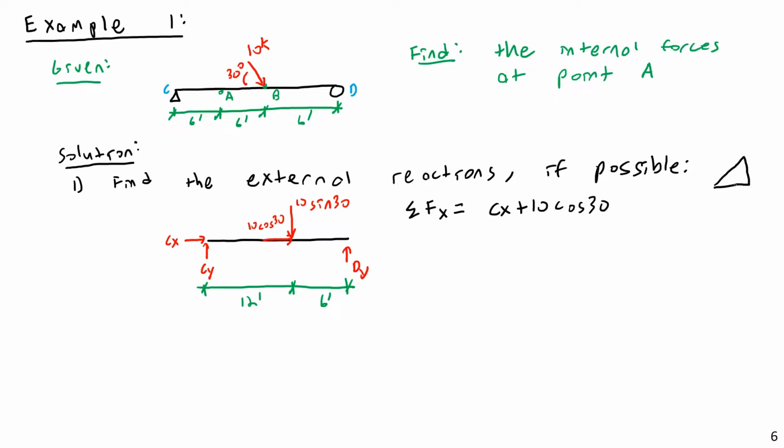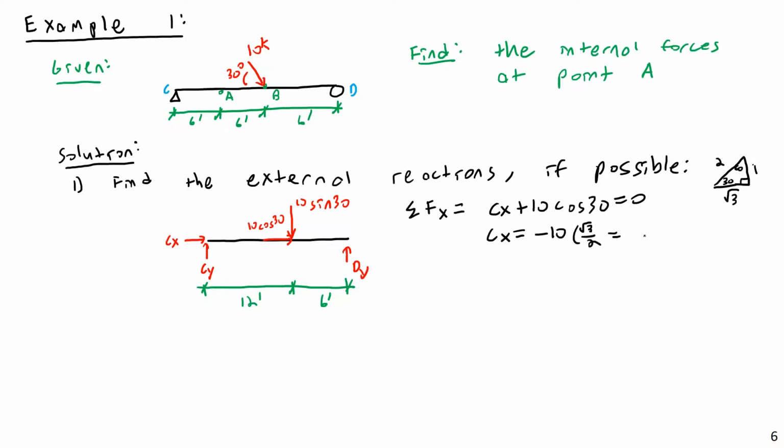We have a right triangle, a 30, 60, 90, with sides 1, 2, and square root of 3. So the cosine of 30 degrees is always going to be root 3 over 2. And this is equal to 0 because this is statics class. And Cx then is going to be equal to negative 10 times root 3 over 2.